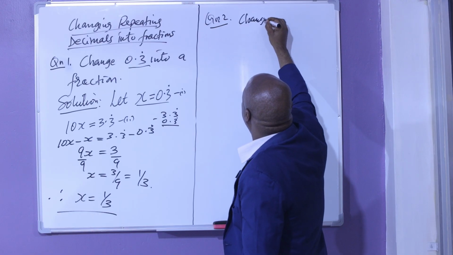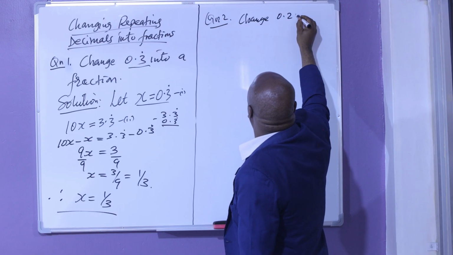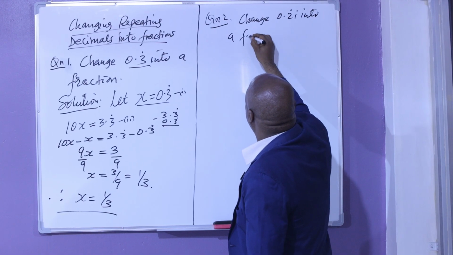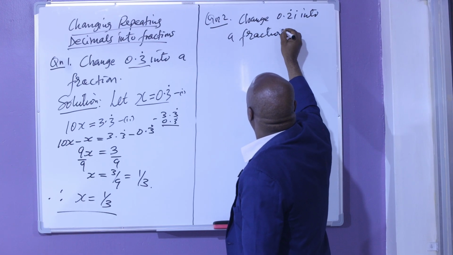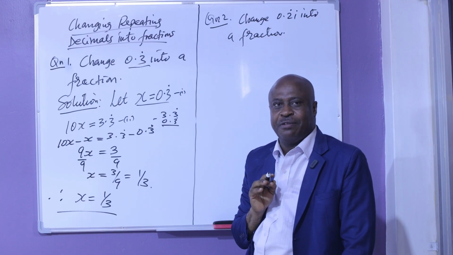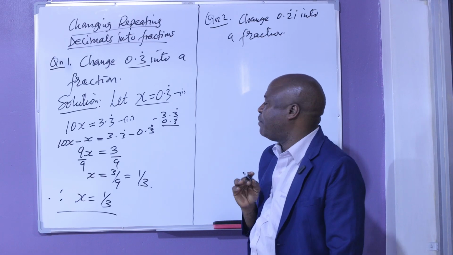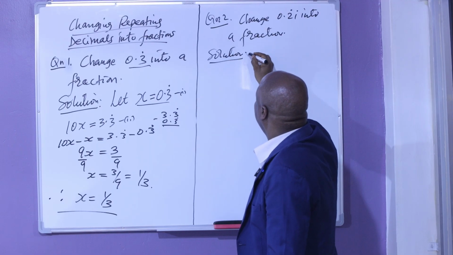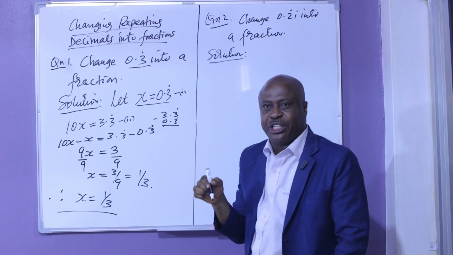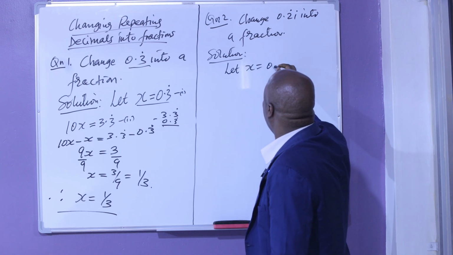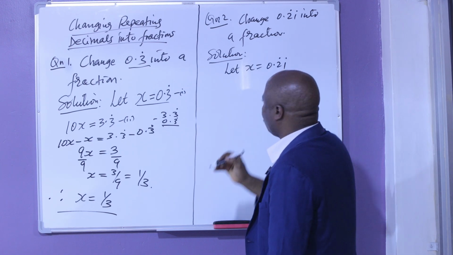Change 0.21 repeating into a fraction. Our steps are exactly the same as what we did in the first example. So, solution. Because we don't know that fraction, we let it be a certain value x. So let x equal 0.21 repeating.